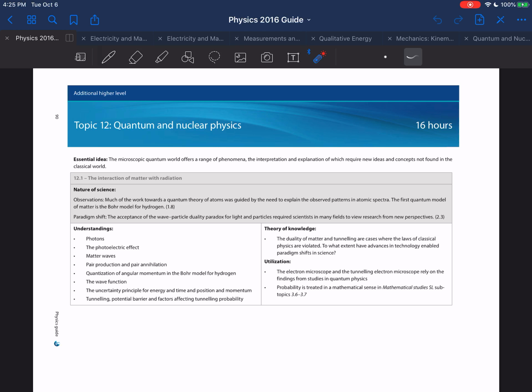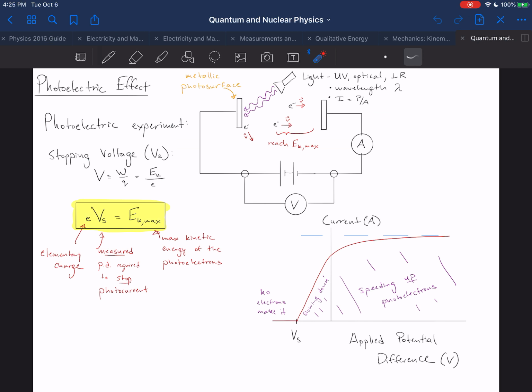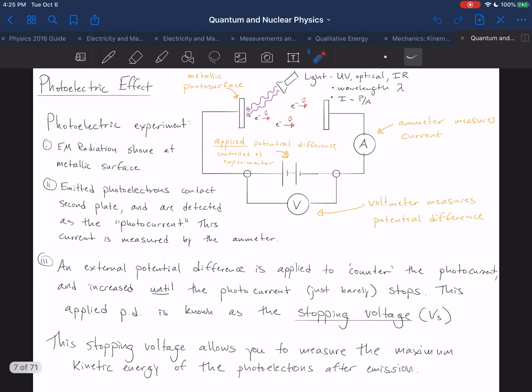Hello everyone. In this video we will continue to examine topic 12.1, the interaction of matter with radiation, and in particular we will continue to unpack the experimental results related to the photoelectric effect. In the previous experiment I introduced the experimental setup for the photoelectric effect, and I introduced the idea of the stopping voltage.